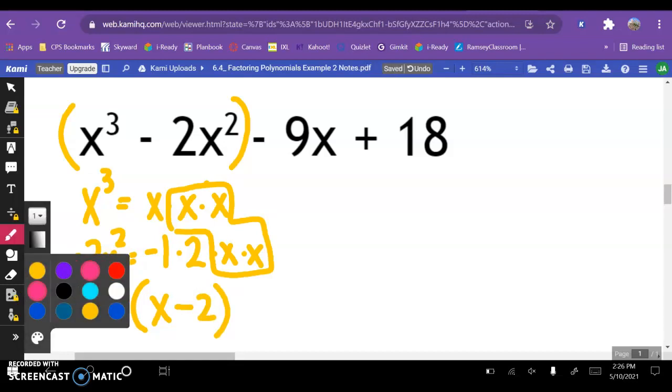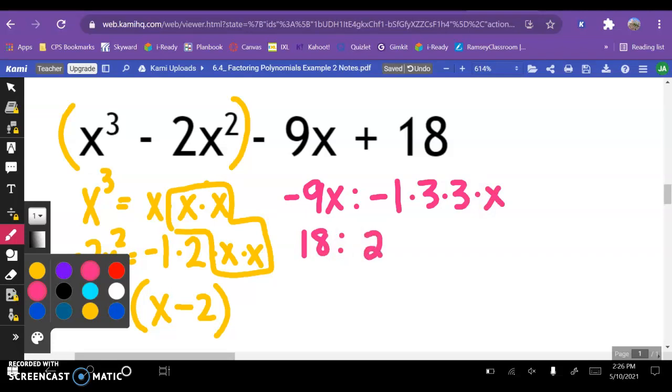And then you can do the same thing here, the -9x prime factorization, well, negative sign is -1, and then prime factorization of 9 is 3 times 3, and then there's an x. And then we have a positive 18. So prime factorization of 18, 2 is prime, 2 times 9, and then 9 breaks down to 3 times 3.